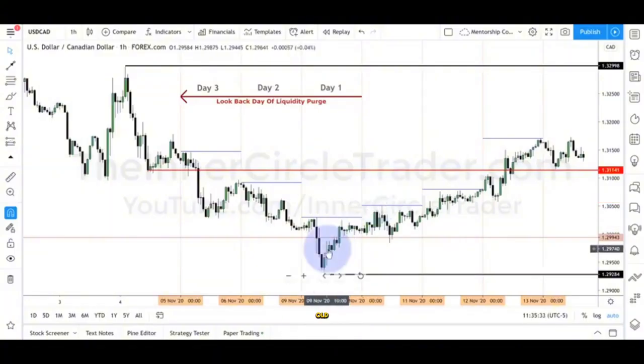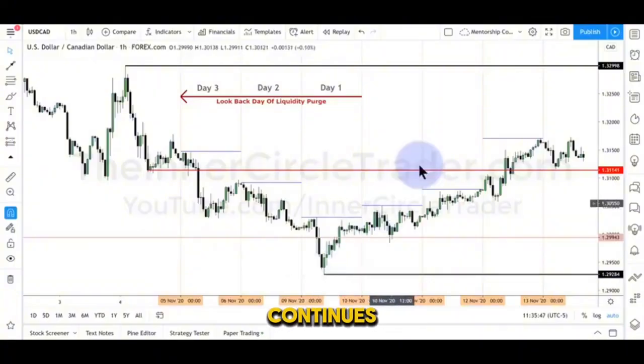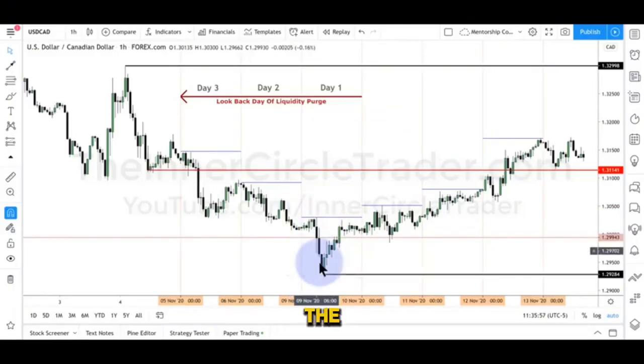If price runs below an old low, that sell side liquidity has been purged only if we start to move away from it. Now, it might be a sweep on stops and then it continues higher. But if it runs below it and then goes back above a specific level, what level would that be? Well, we want to look at the day that it occurs and runs the liquidity out.